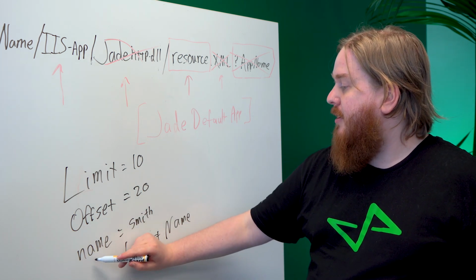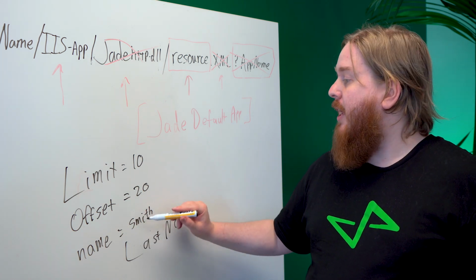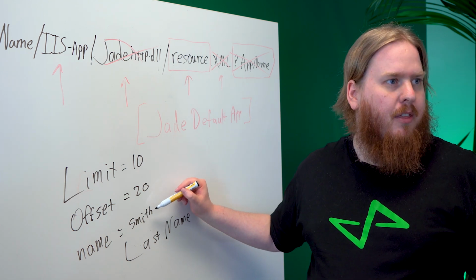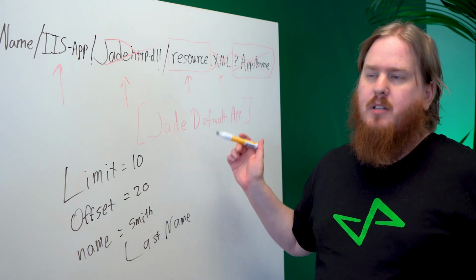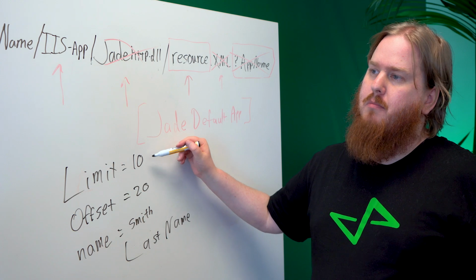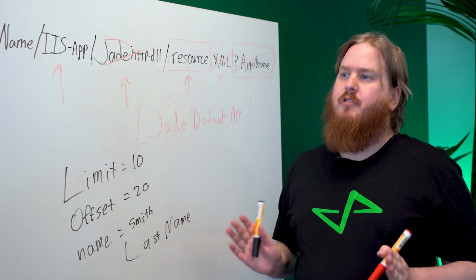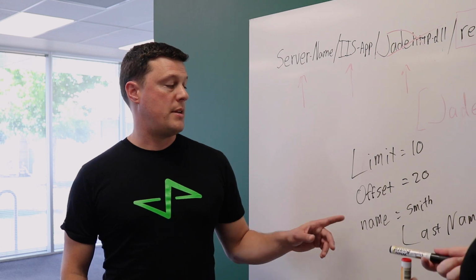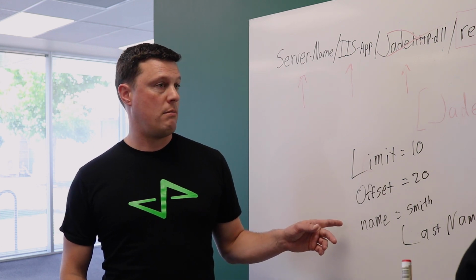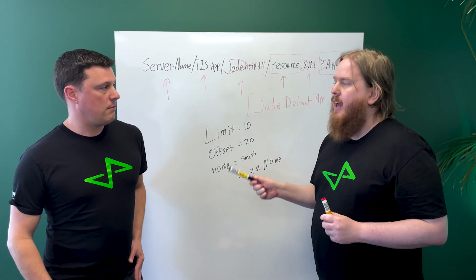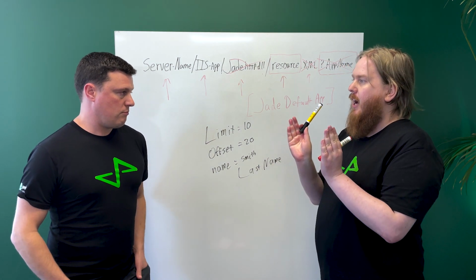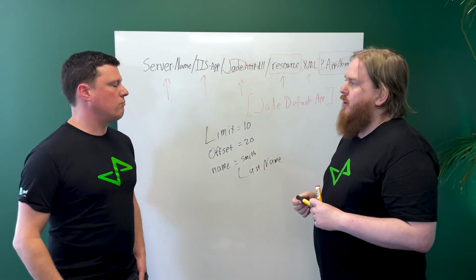So I can put name equals Smith, and what it will do is start at Smith, the first Smith it finds if there happen to be duplicates, and then it will give you from the limit. And so that's how you're going to get your first page of results. Name, obviously, the property on. Yes, so name will be the exact property that it's keyed by.